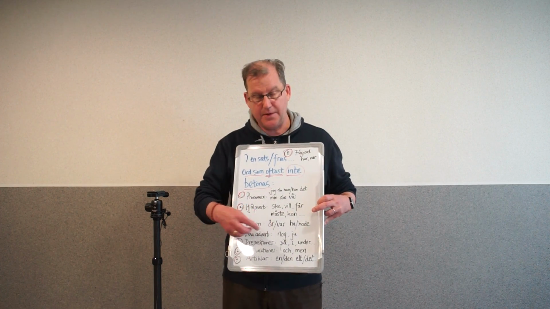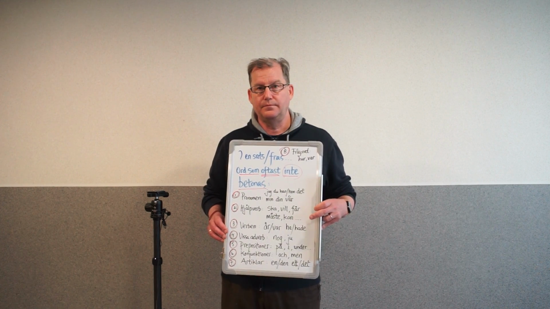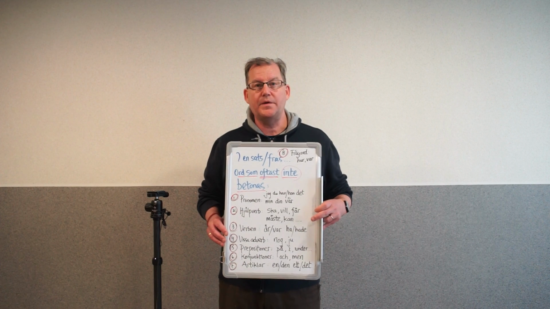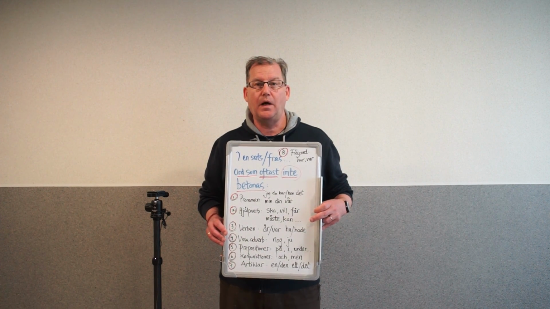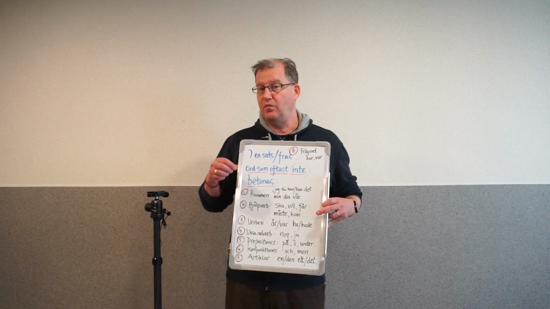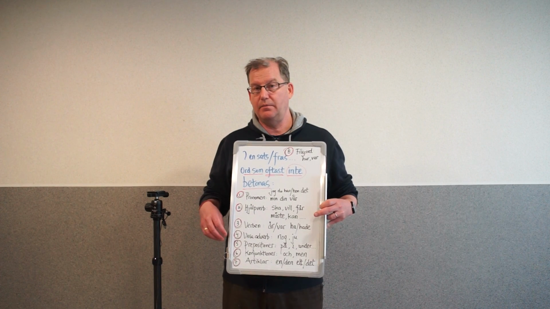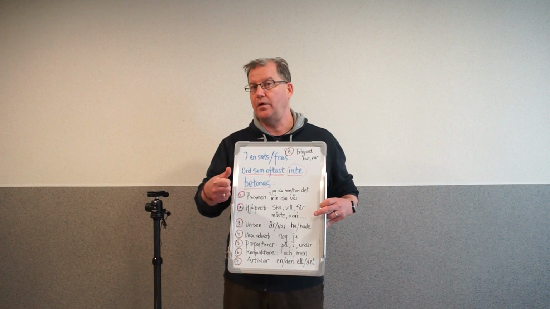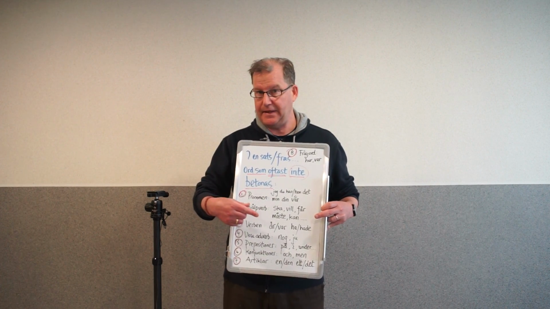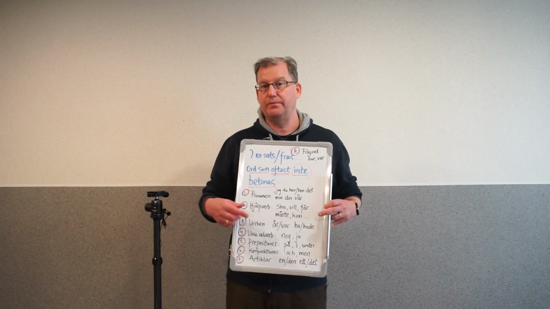And then in the past tense, how about this one? Var han snygg? That means, was he handsome? Was he good looking? Var, was. And then the pronoun, he, han.